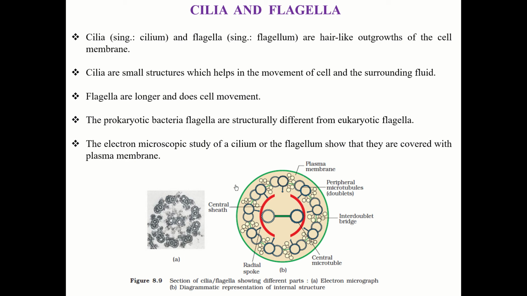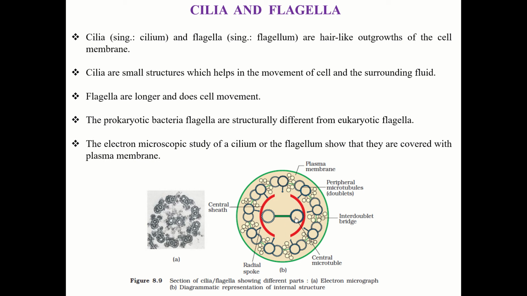It consists of the outer plasma membrane, then peripheral microtubules, doublets, then the interdoublet bridge, then the central microtubule, then the radial spokes, and the central sheath.